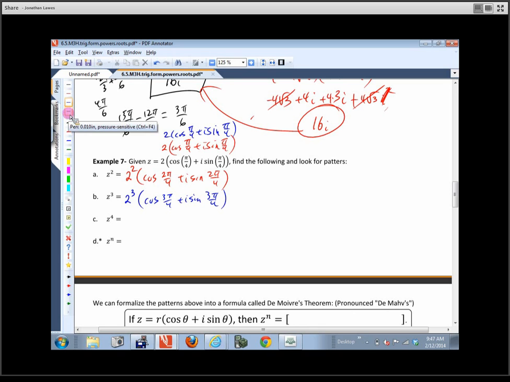And what would happen if I threw another one on there? So I did another 2 cosine pi fourths plus i sine pi fourths. 2 to the fourth. Cosine of pi, or I'm going to write it 4 pi fourths if that's okay, so we can kind of spot the pattern. And then i sine 4 pi fourths.